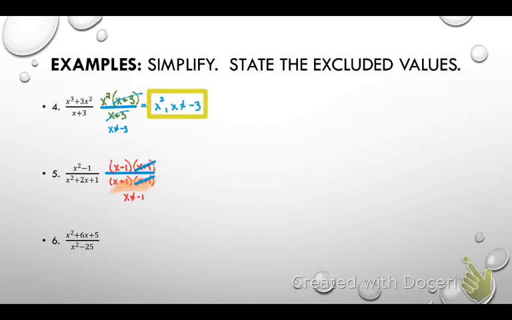I can only take 1 for 1. Since there's 1 on top and 2 on the bottom, I can't get rid of the 2 on the bottom. It's only 1 for 1 here. So the only thing left is x minus 1 on top, x plus 1 on the bottom, and my restriction is that x cannot be equal to negative 1.